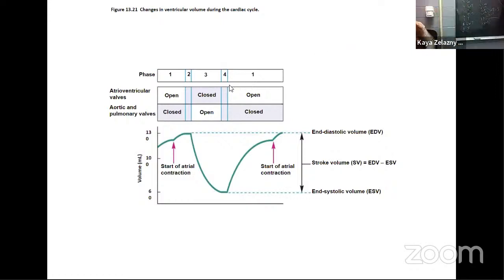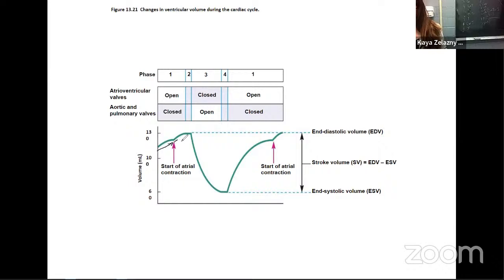So here, the final thing we're looking at is changes in the ventricular volume over the cardiac cycle. So we can put this onto that same map as before. So we can see that as we were doing our ventricular filling, volume in the ventricle goes up.